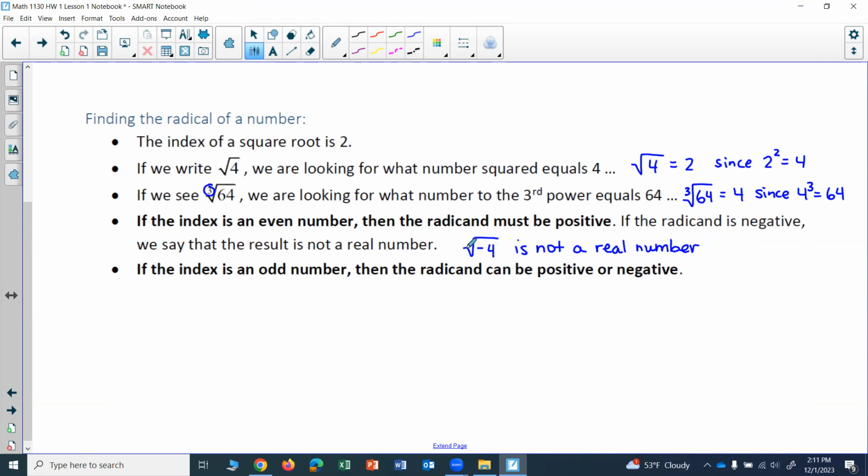Remember, a square root is an index of 2. If the index is an odd number, then the radicand can be positive or negative. So for example, if I had the cube root of -64, that would be -4. So if I have an odd index, it's okay to have a negative under the root. If I have an even index, it's not okay to have a negative under the root.